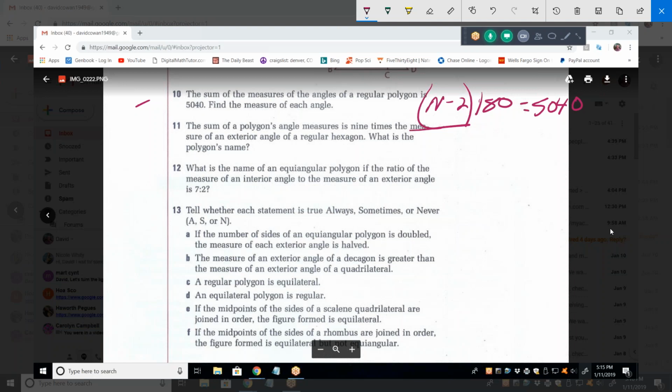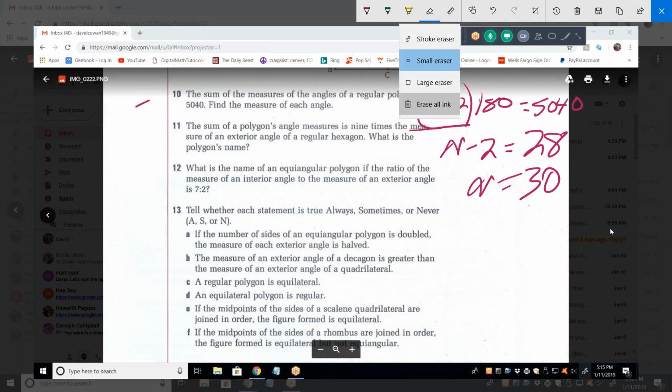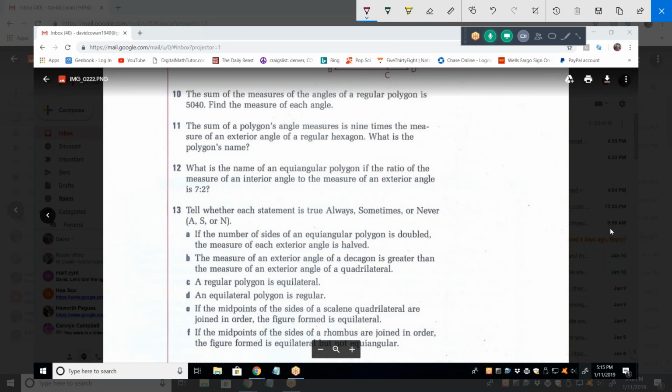Now, do you have your calculator? Divide 5040 by 180. 28. So n equals 30. You always want to start with that fundamental equation that applies to all polygons. Or regular polygons in this case.